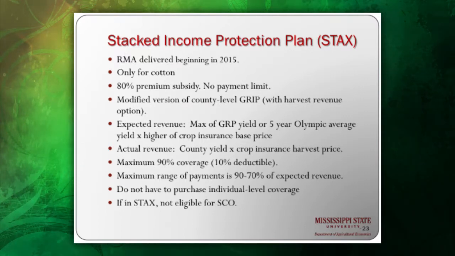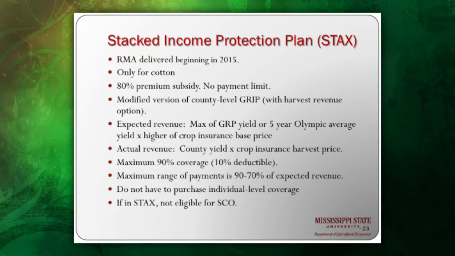This program is really a modified version of the county-level GRIP program that has been around but not widely purchased by producers. In effect, what this legislation is allowing is for an individual to layer individual coverage for deep losses and area-triggered coverage for shallower losses.